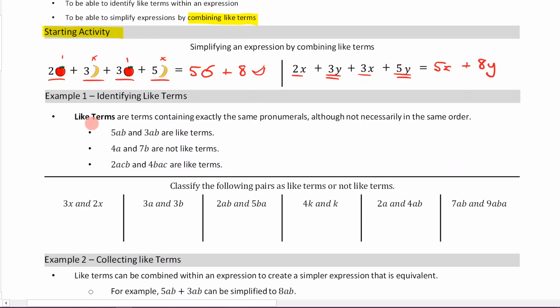So here's the definition. Like terms are terms containing exactly the same pronumerals, although not necessarily in the same order.